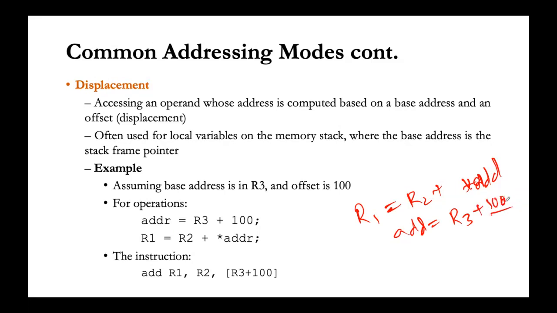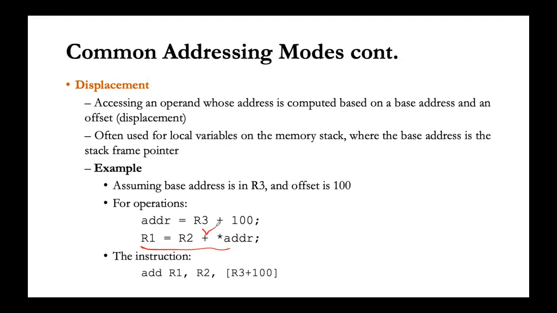Here 100 is the displacement. If it is written 10, then 10 is the displacement. If it is written 50, then 50 is the displacement part. For this kind of displacement addressing mode, the instruction design can be done like this: the operation is addition, the opcode is add, your destination is R1, your source 1 is R2, and your source 2 is the second operand which is available in the address.